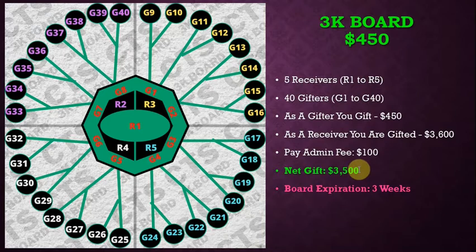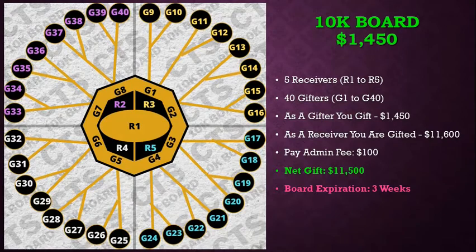Okay, so 3K board, you have $3,500 in hand. After the 3K, there's a 10K. And the 10K board is the same size as a 3K board, where you have 5 core members, 5 receivers, and you have 40 gifters.